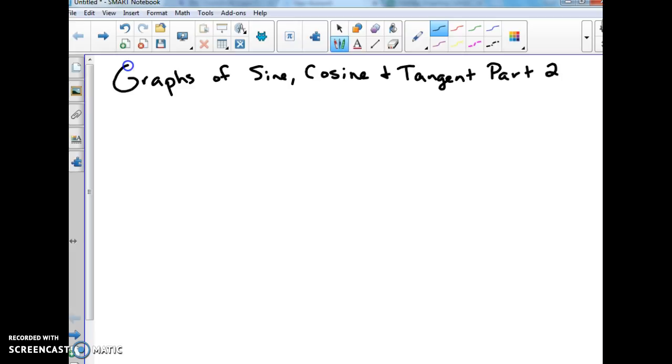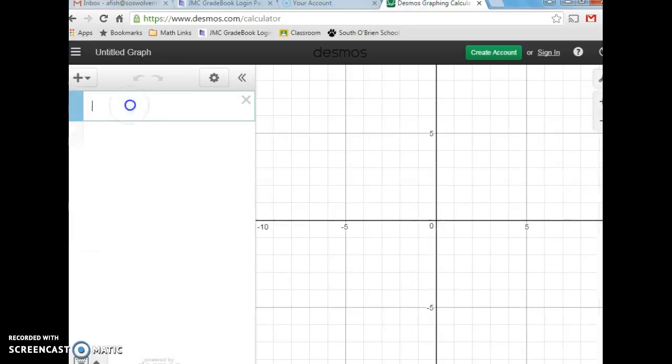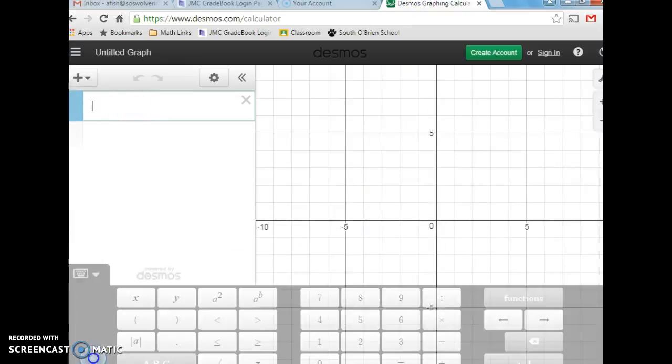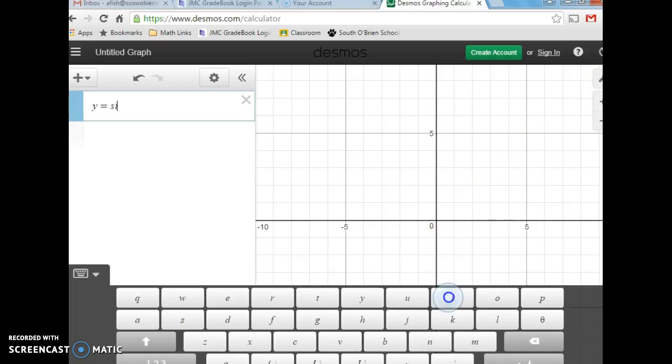Okay, so the previous video in part 1, we were looking at y equals sine of x. And we knew that it was going to be in the form of y equals sine x.